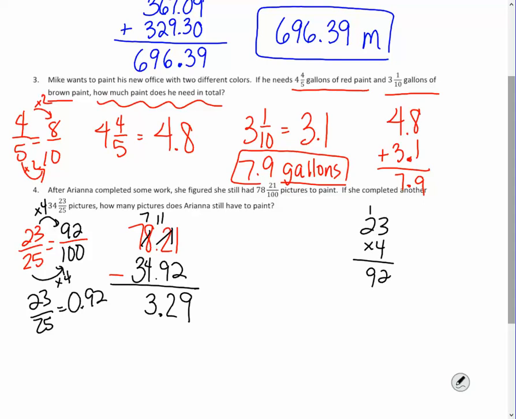And 7 minus 3 is 4. So this girl has 43 and 29 hundredths of a picture, or pictures, left to paint. She better get busy with that.